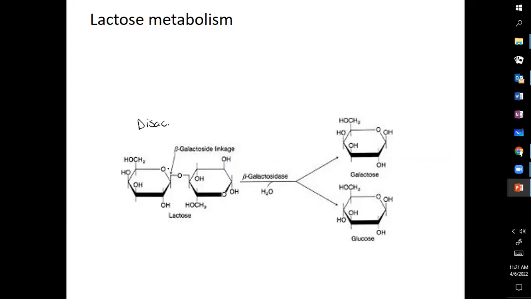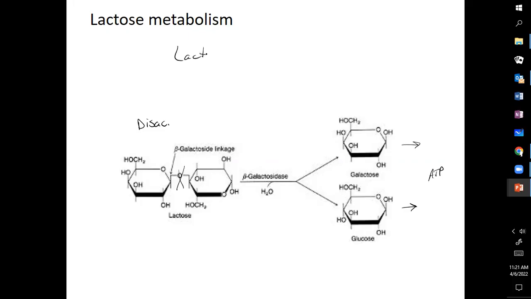Now, you remember from cell bio, this does not enter into glycolysis. You have to break this bond to get monosaccharides that can then enter glycolysis. Glucose enters directly, galactose can be modified and then enter glycolysis. So used for energy to generate ATP, right? But you have to break this bond first to be able to utilize lactose.